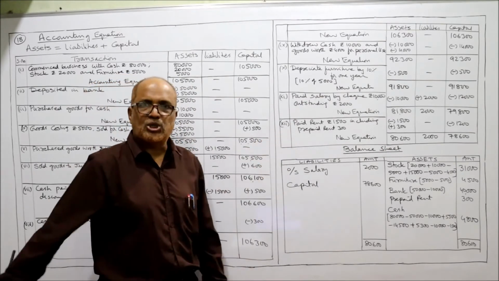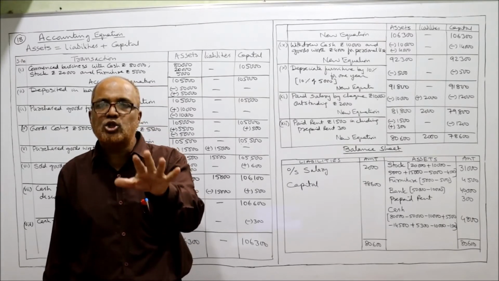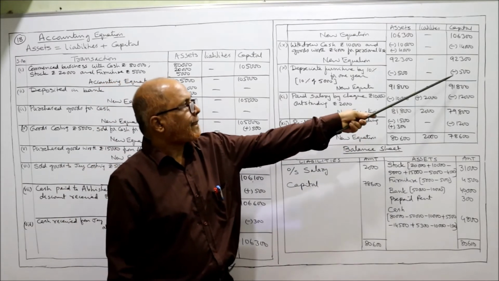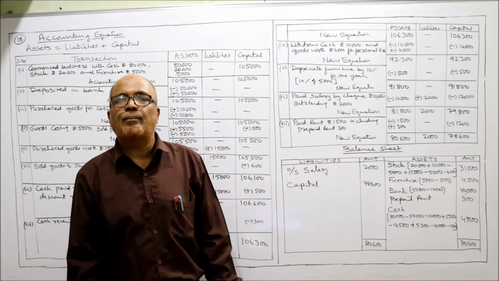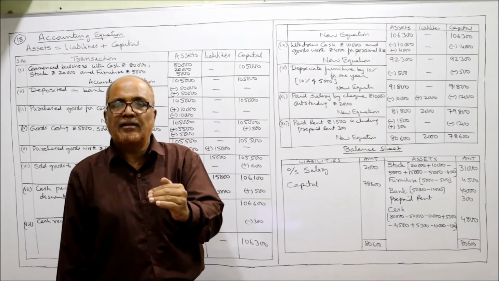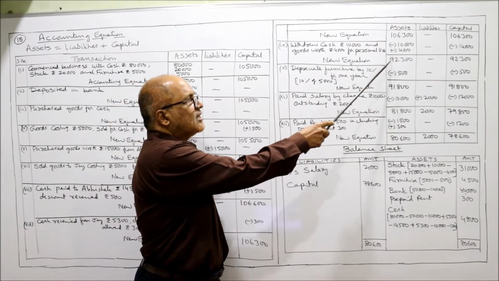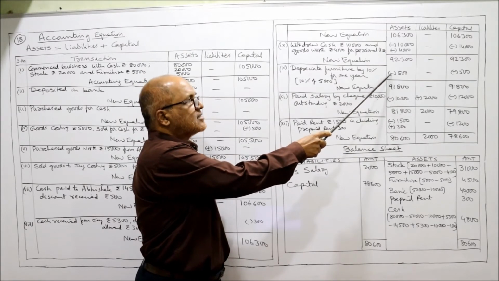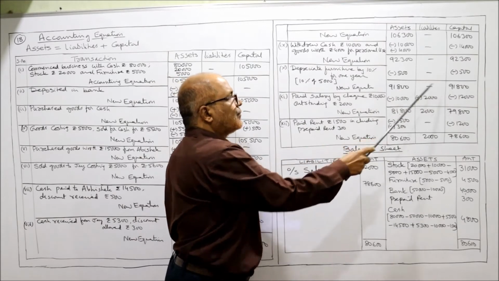Depreciation is a loss, so it should be deducted from capital. And depreciation should also be deducted from furniture. So 500 rupees deducted from 92,300 assets. So 91,800 is the new equation.